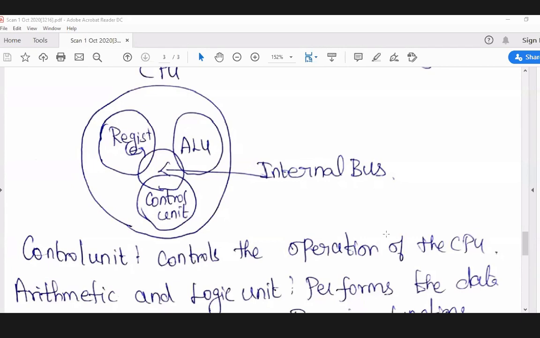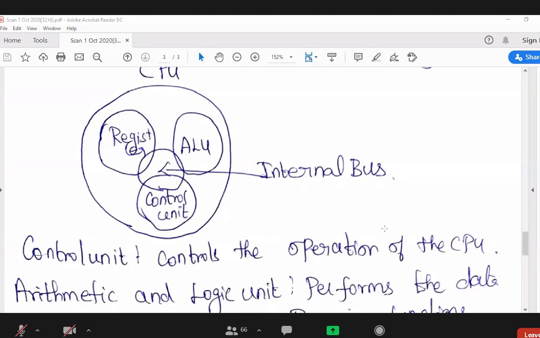True or false. Yes. AND operation, OR operation, exclusive OR. Okay. So all the things we will discuss. How to perform AND operation, how to perform OR operation. All the things we will discuss.